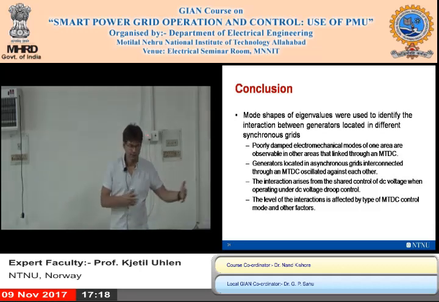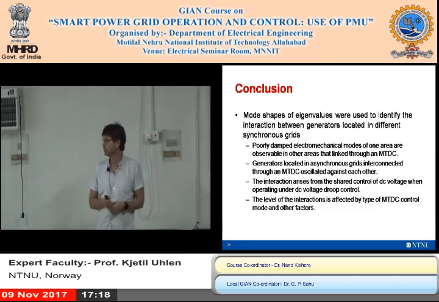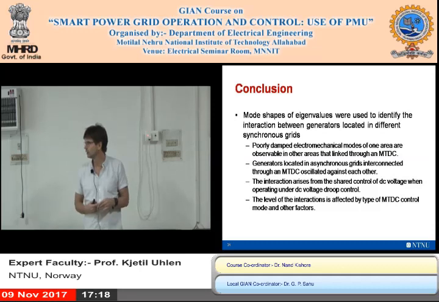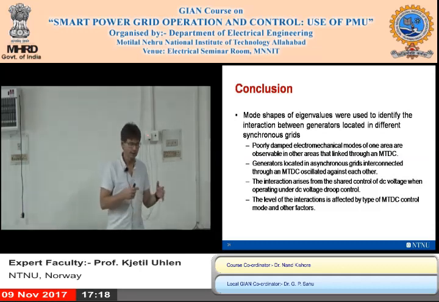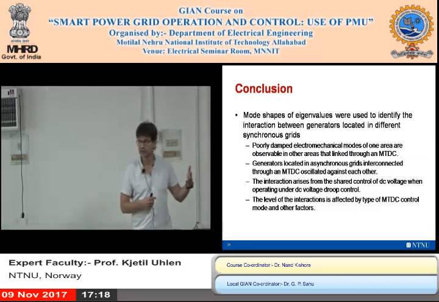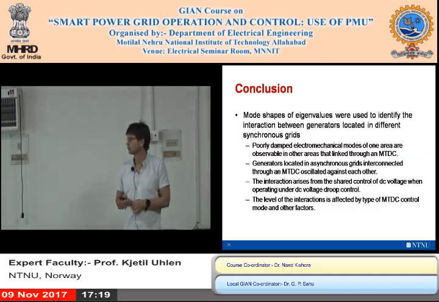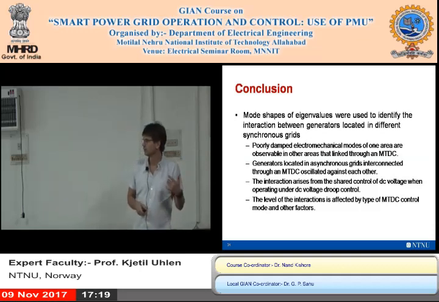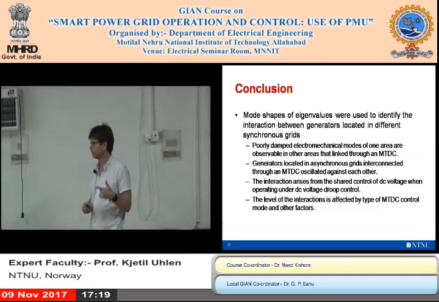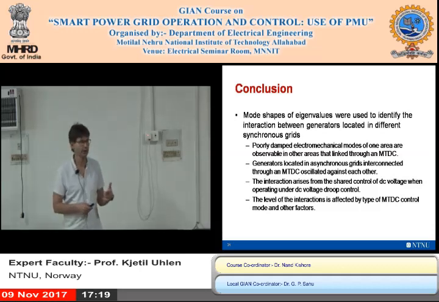And they may be in opposite phase and sort of interact adversely with each other. But the source of that interaction is the shared control strategy using the DC droop. So the main conclusion is the level of interaction is mostly depending on the type of control and the way it's tuned.